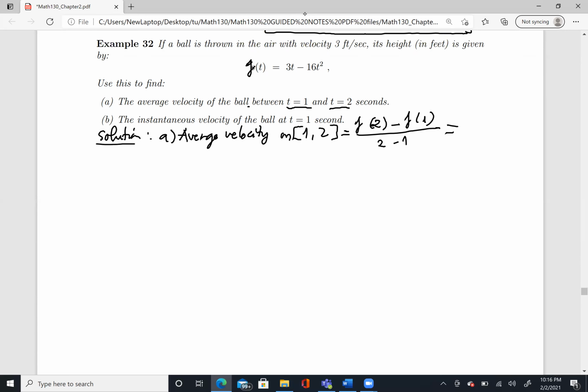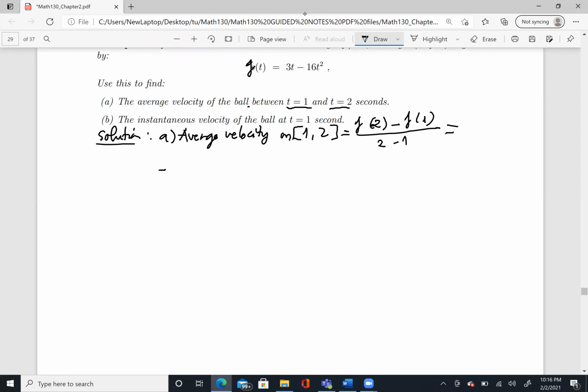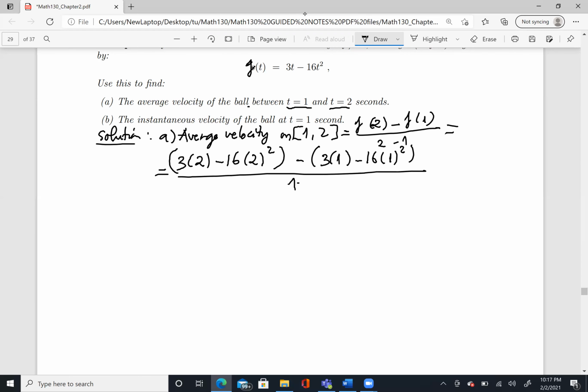and then I can make it equal to 3 times 2 minus 16 times 2 squared, this is for f(2), and minus 3 times 1 minus 16 times 1 squared, divided by 2 minus 1, which is 1.